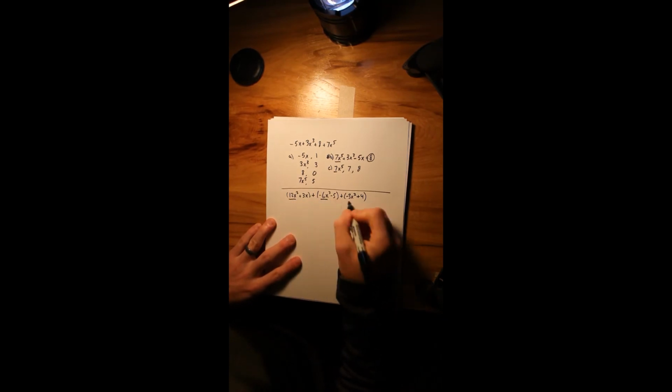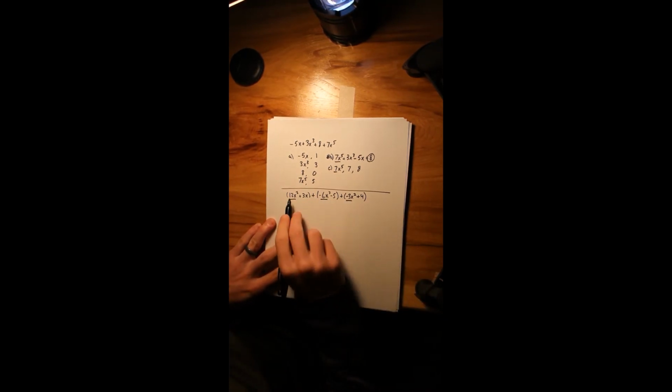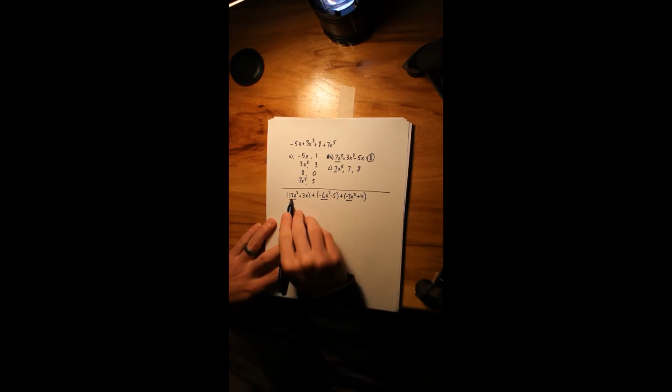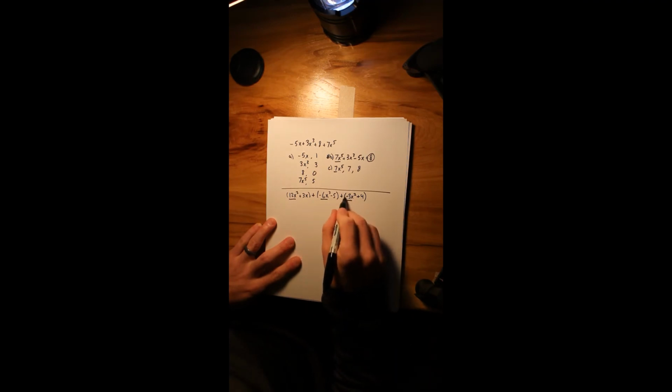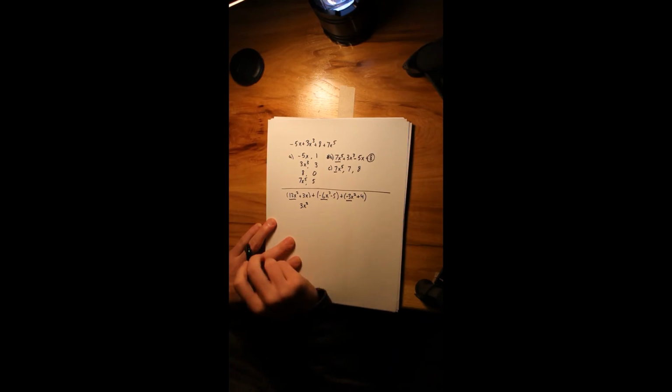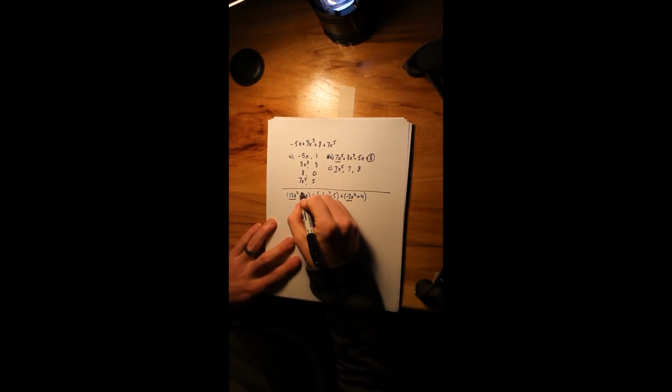Okay. Like terms, like terms, like terms. x squared, x squared, x squared. 12 minus 6 minus 3. 12 minus 6 is 6. 6 minus 3 is 3. So I'm done with x squareds. Now on to the x pieces.